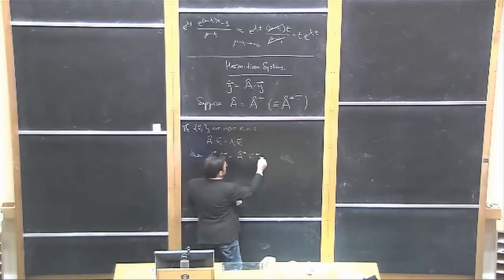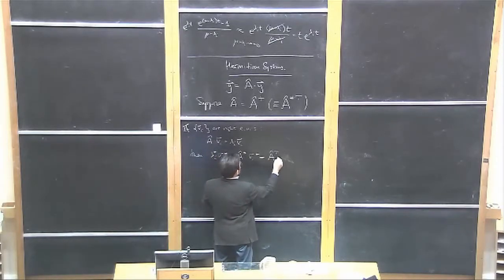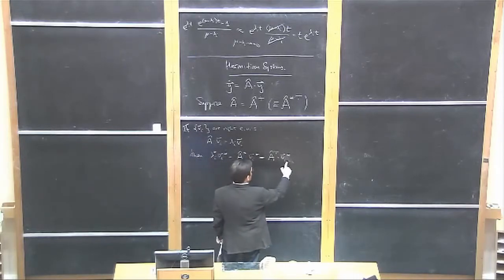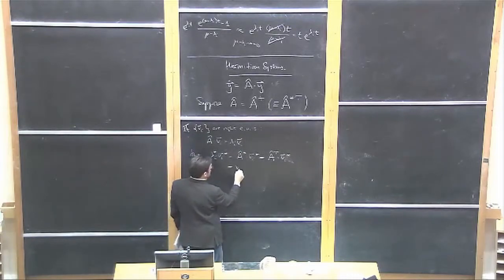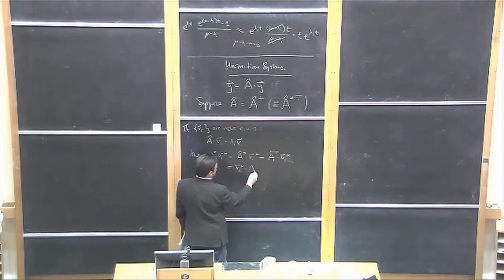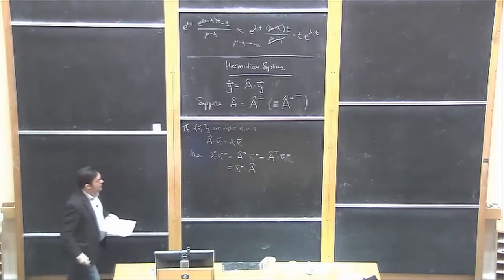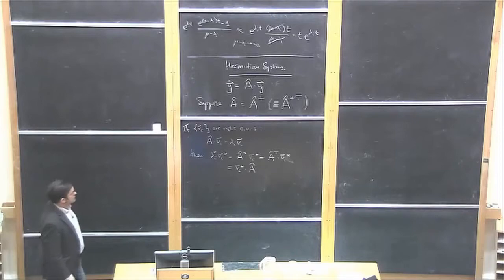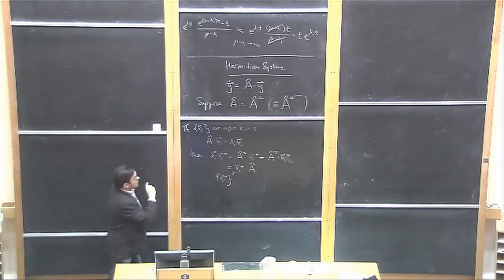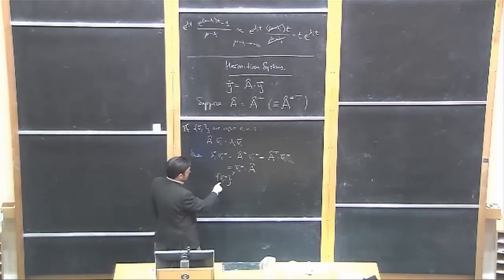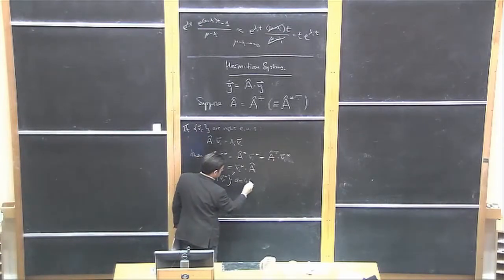But A star for a Hermitian matrix is A transposed, and A transposed dot Vi star on the right is the same as Vi star on the left dot A. So if these are right eigenvectors, then the complex conjugates are left eigenvectors.